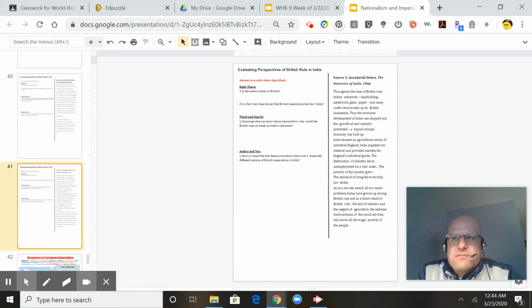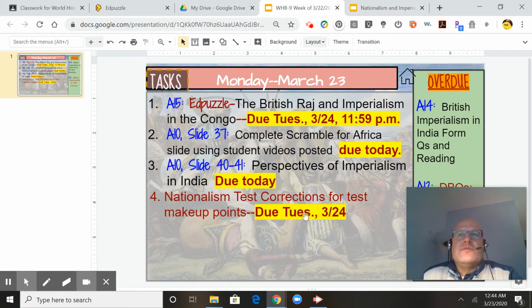After the Sepoy Mutiny, it becomes direct, because the Sepoy Mutiny shows the Crown that the British East India Company can no longer control or run operations, and that was the idea behind this perspective. You're answering this in a color other than black.